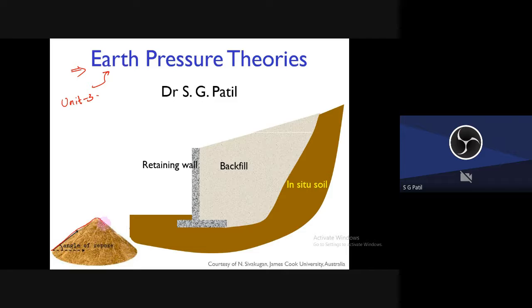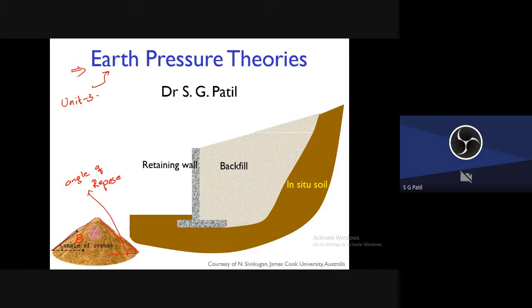This angle is called the angle of repose. Without giving any support, it will achieve a certain angle, let us say some theta value. That theta is called the angle of repose.